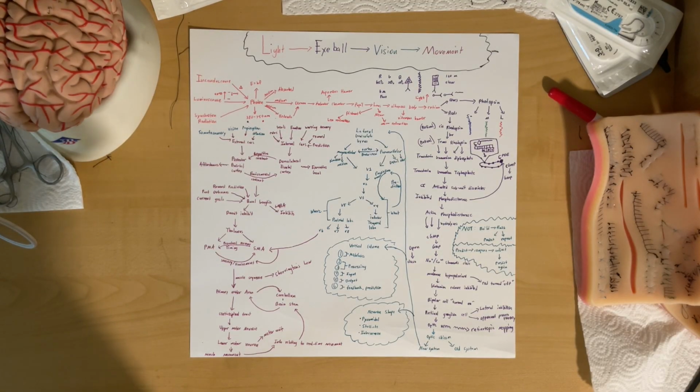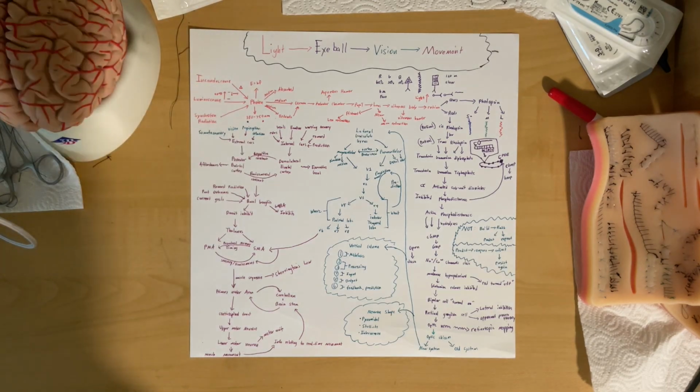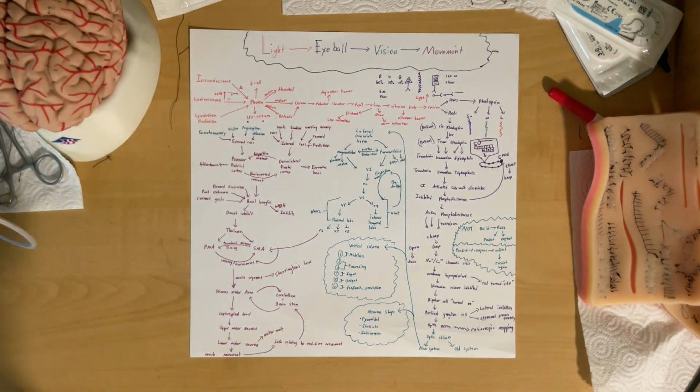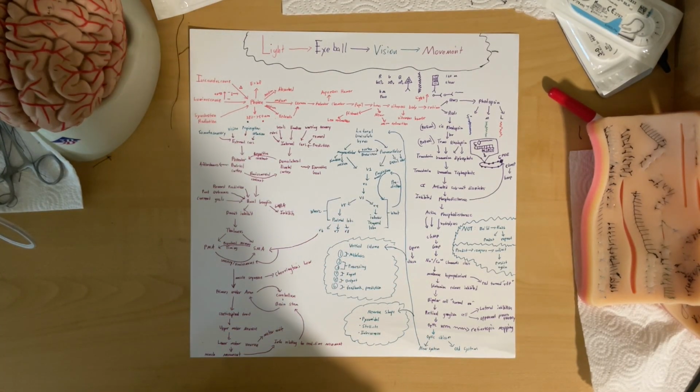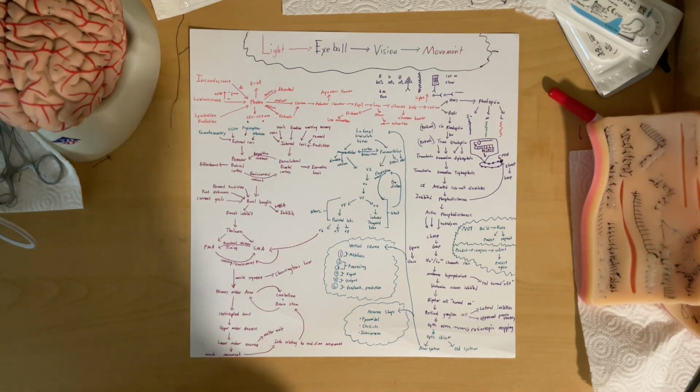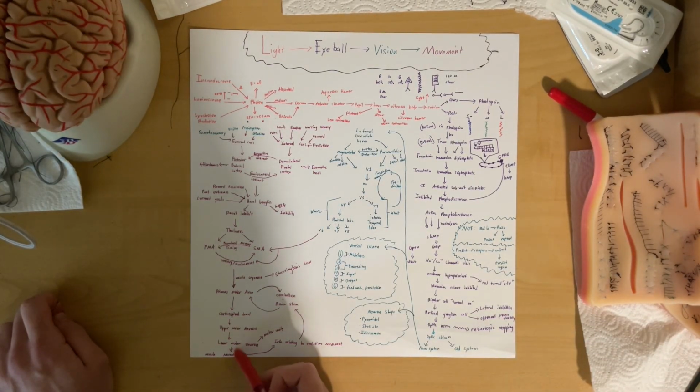And the idea is that for really fine, delicate movements, such as with your hands, the motor unit will have fewer muscle fibers per neuron, and for more general movements, such as flexing your leg, it will have more muscle fibers per neuron. That's the motor unit. And then you're doing the movement.